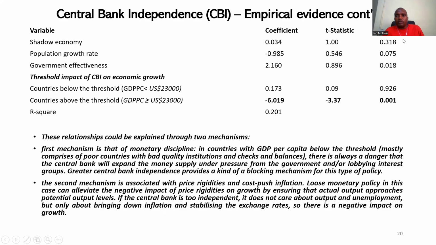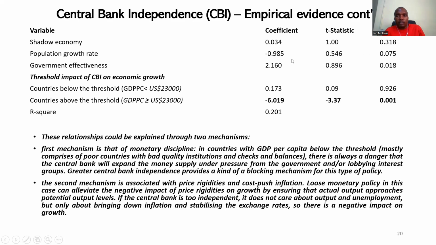So just to provide a summary of the results, we see that for the shadow economy there's a positive coefficient, with a t-statistic of 1 and a probability of 0.31, which means that the coefficient is statistically insignificant.